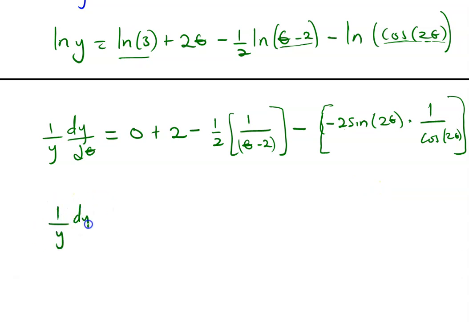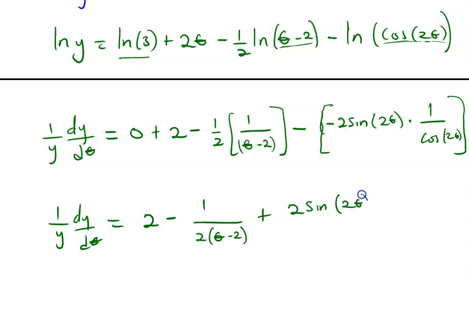So at this point, 1 on y, dy on d theta, equals 2, minus 1 on 2 into bracket theta minus 2, plus 2 sine 2 theta on cos 2 theta.